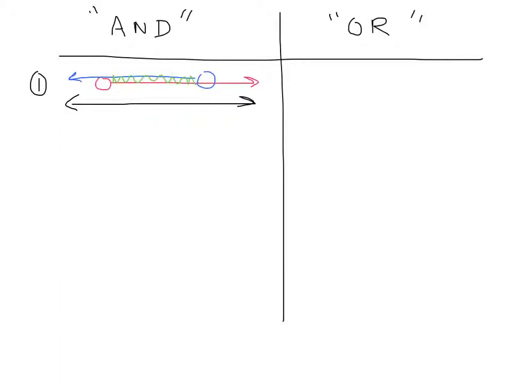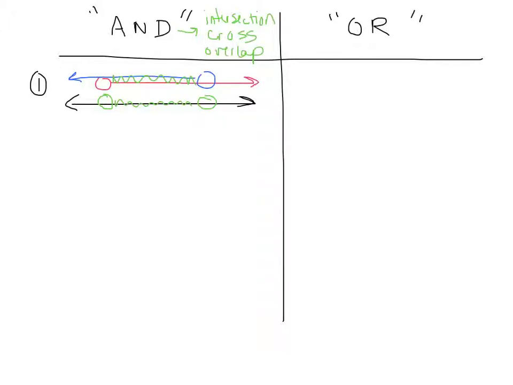So on the number line, I would keep what type of circles here, keep what type of circles here, and look for where they overlap. So for and, you're looking for the intersection, or where the lines cross or overlap.